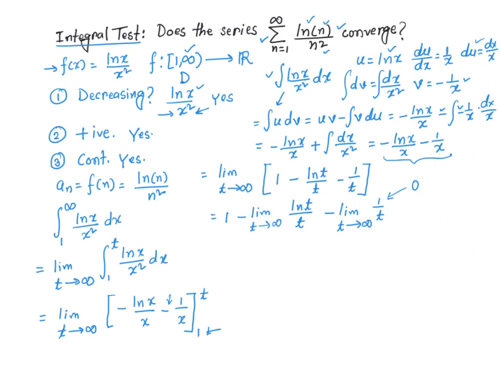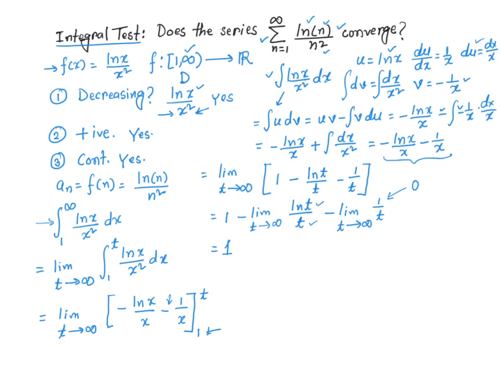What happens to ln of t over t? As it turns out, you can use L'Hopital's rule, and you'll see that this also goes to 0. So in essence, the integral boils down to nothing but 1. So the integral does in fact converge.